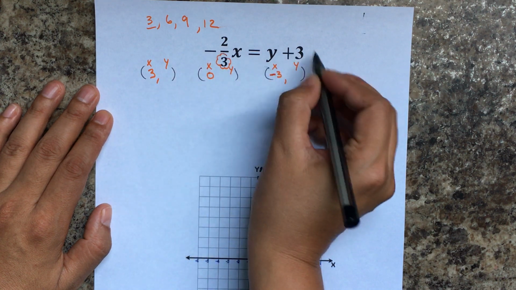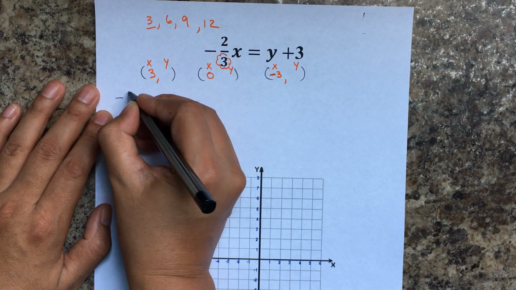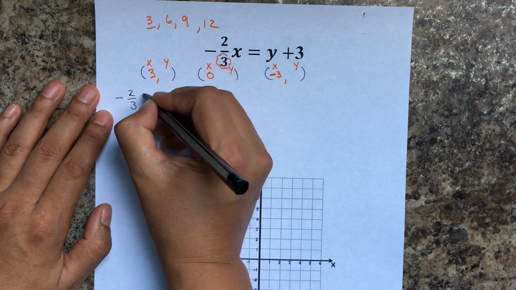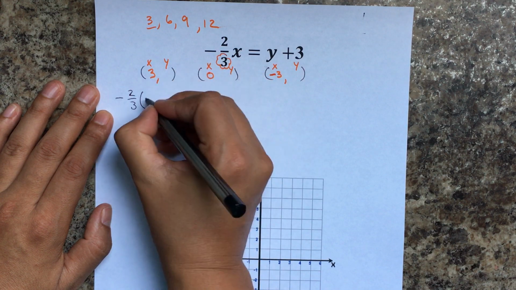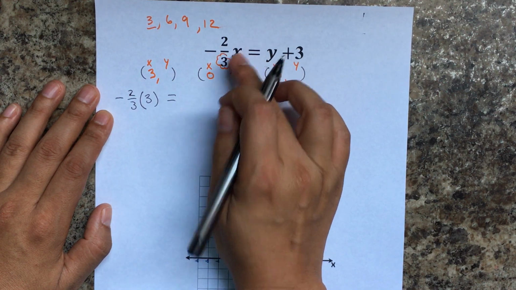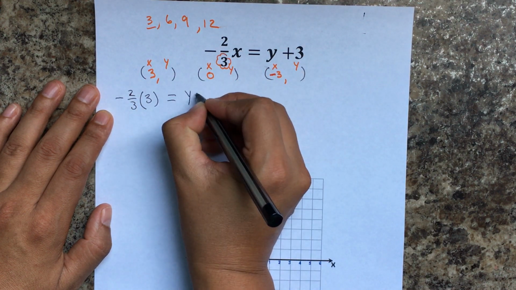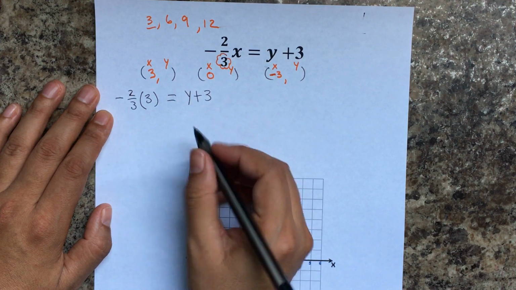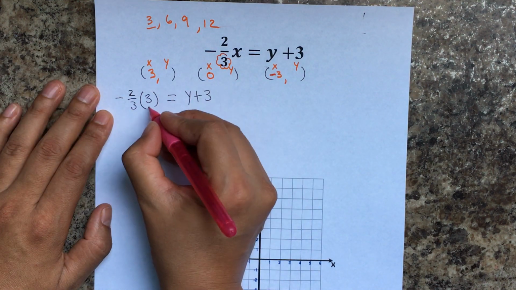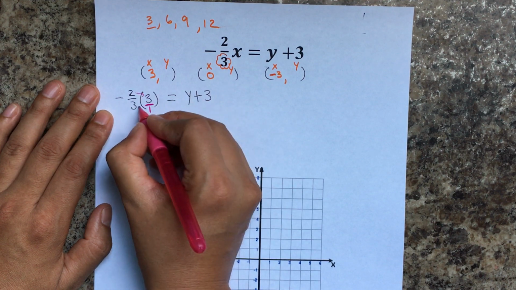So I'm going to bring down everything except the x. It's 3 now. It's going to be negative 2/3 times x, but the value of x is 3, equals, notice how I don't have the x anymore. I put the 3 in its place. Y plus 3. I put this whole number over 1, because remember that when we multiply fractions, it's fraction multiplied by a fraction.